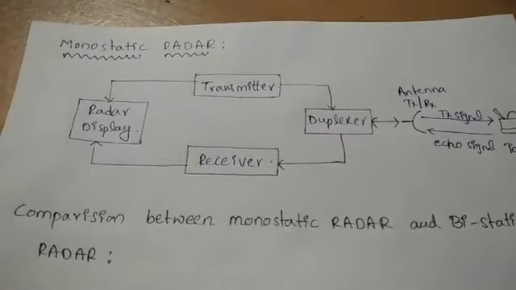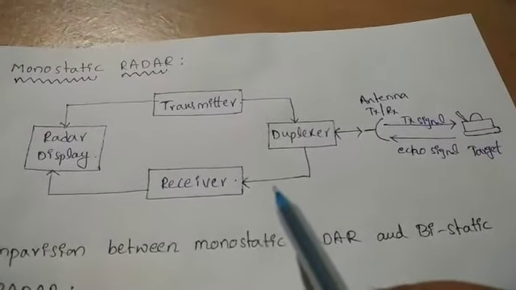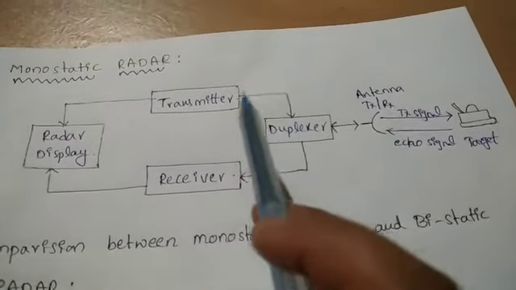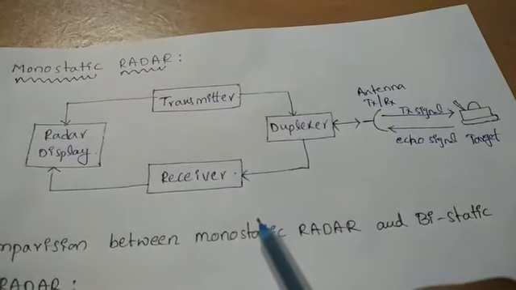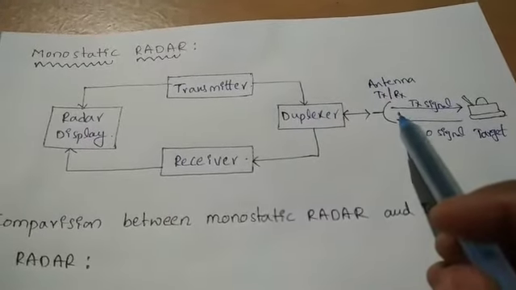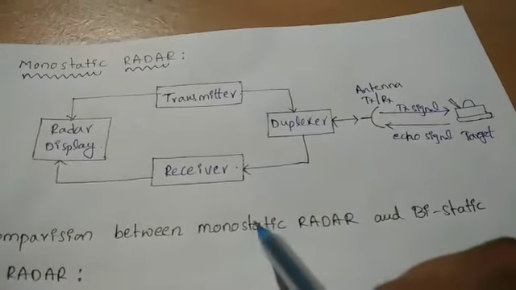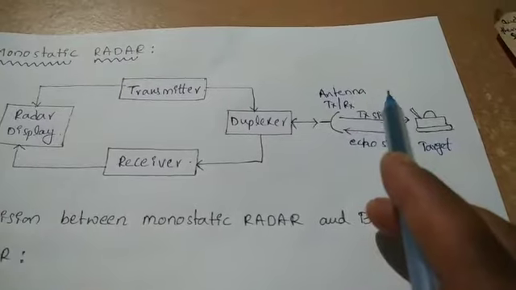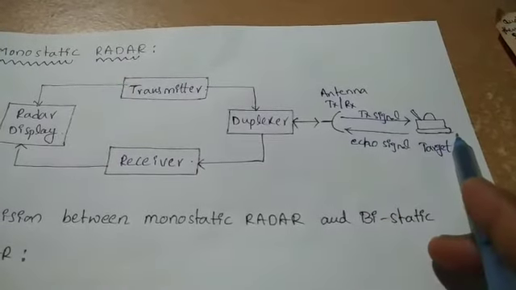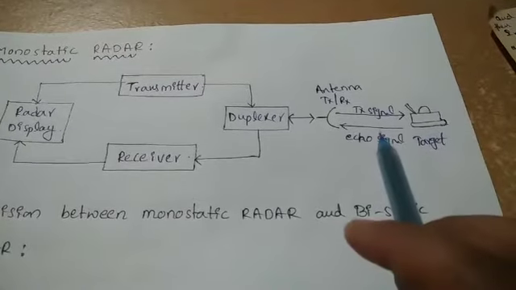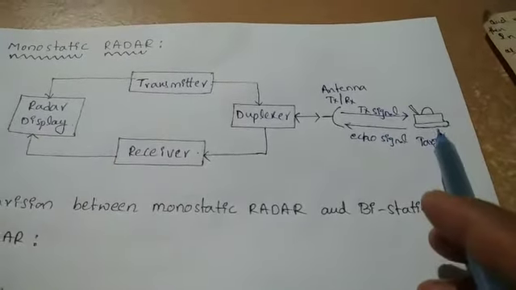Next, when we talk about the monostatic radar system, we have a transmitting as well as a receiving section, but both sections use a single antenna for transmission and reception. With this single antenna, we transmit the signal to the target and receive the echo signal from the target.